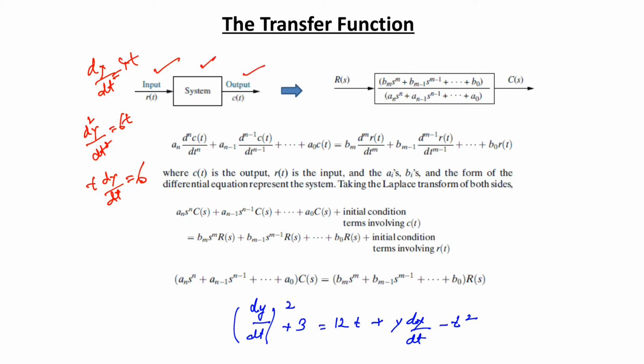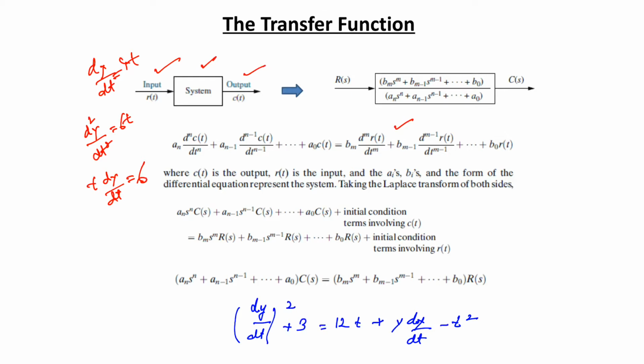Now let us first consider an nth order differential equation. In this nth order differential equation, C(t) is the output and R(t) is the input, and Ai and Bi are constants.